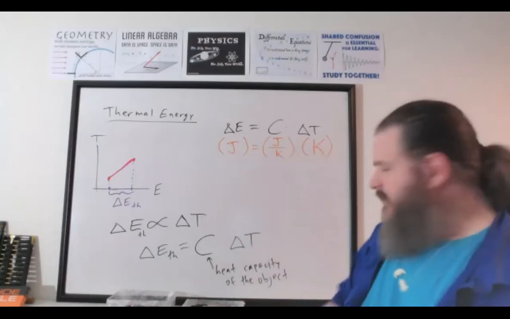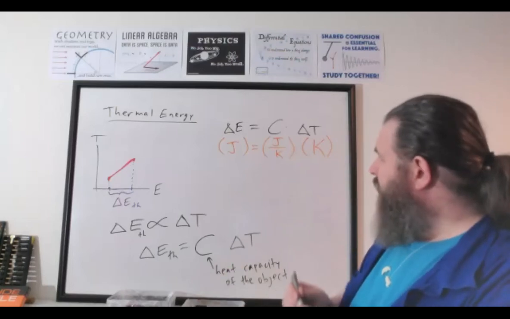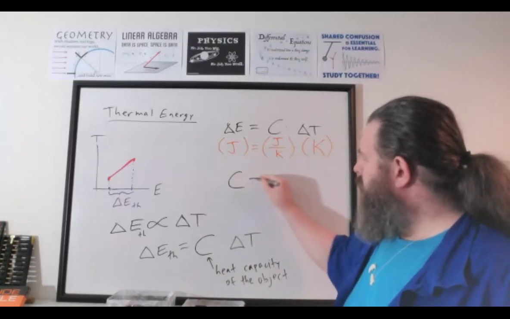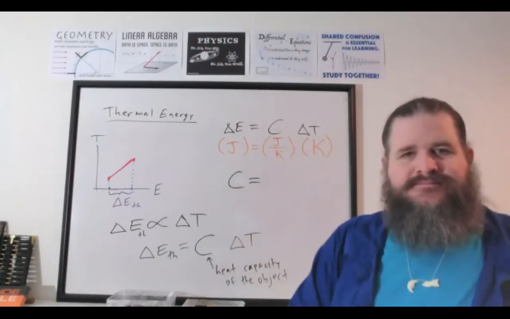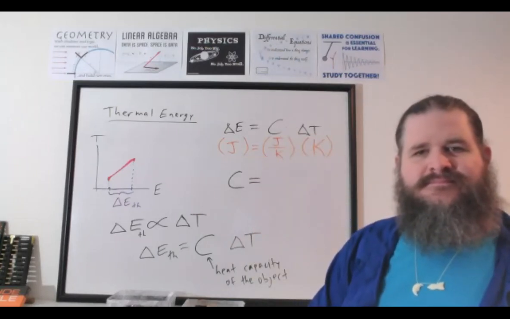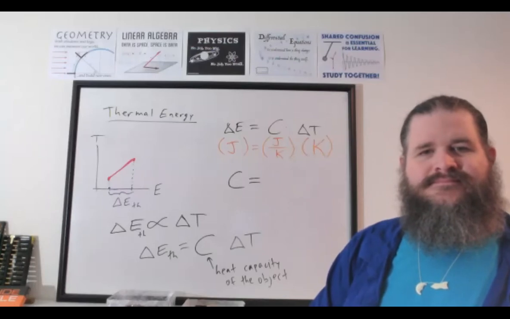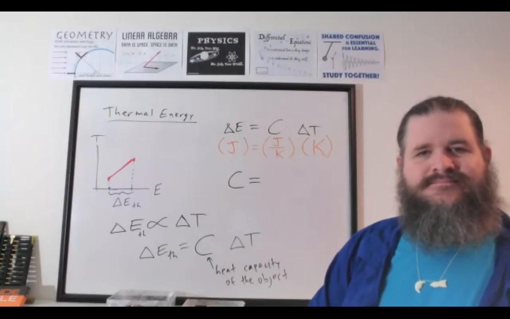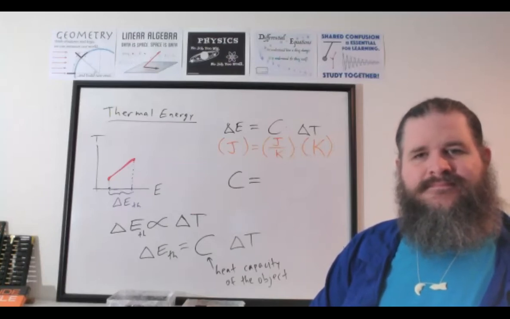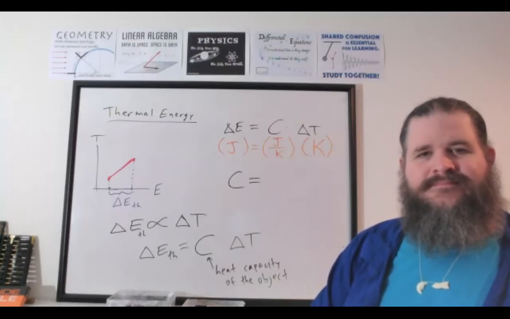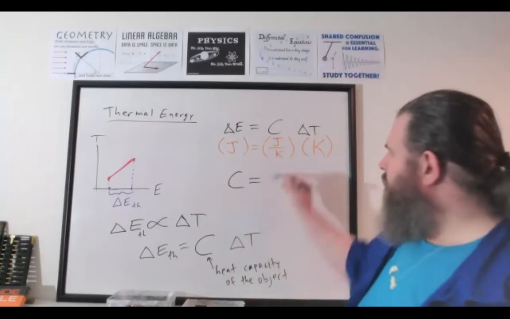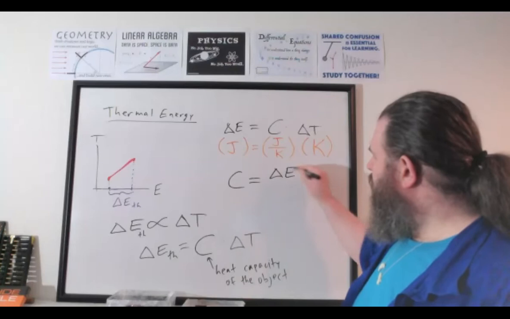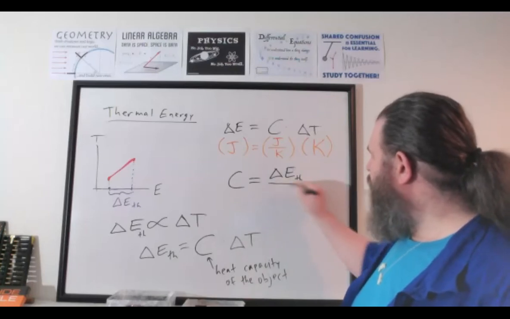And another way we can see that is by isolating heat capacity. If you solve this equation for C, what would you get? Yeah, delta energy, specifically delta thermal energy over delta temperature.